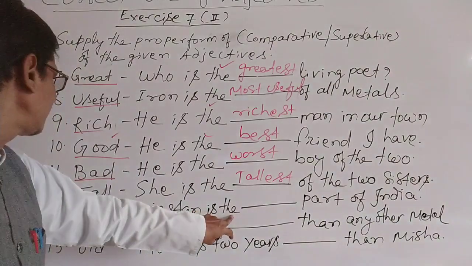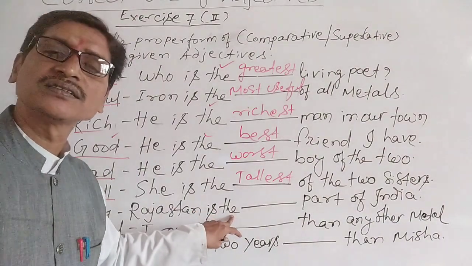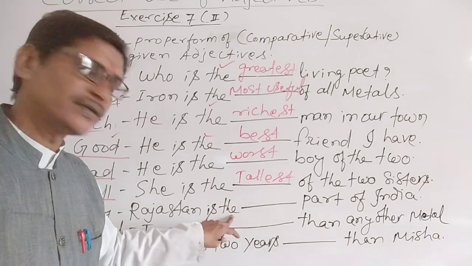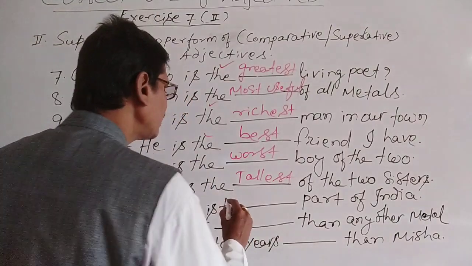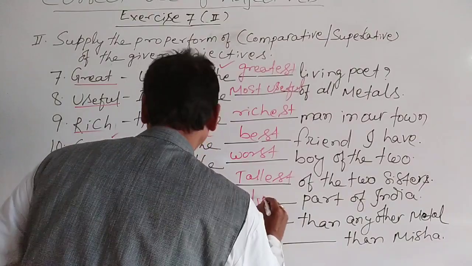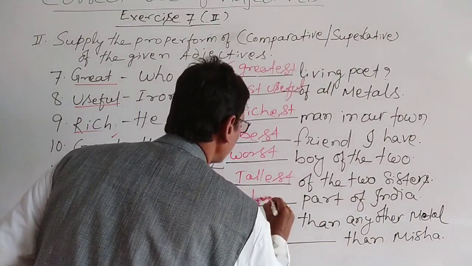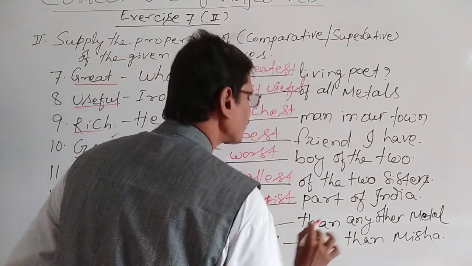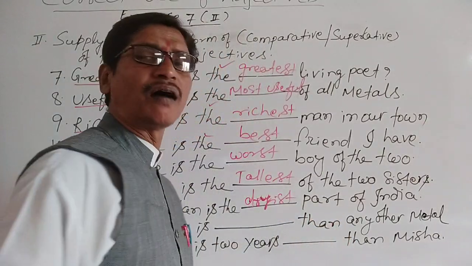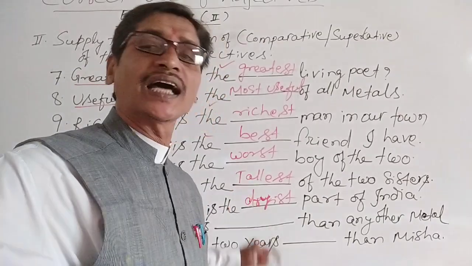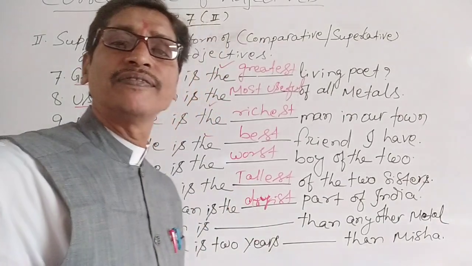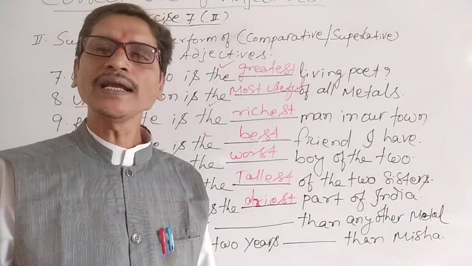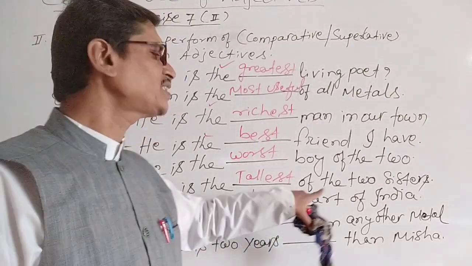Rajasthan is the driest, the driest part of India. Rajasthan is the driest part of India.